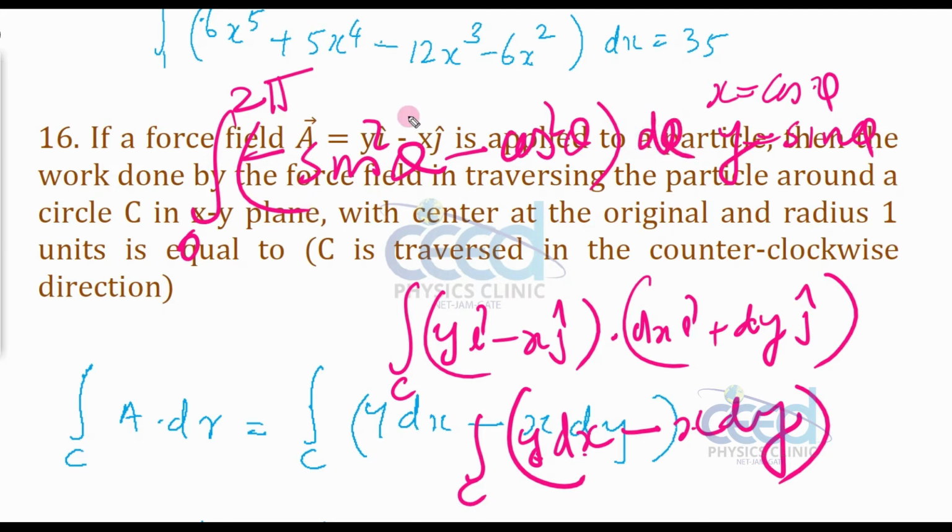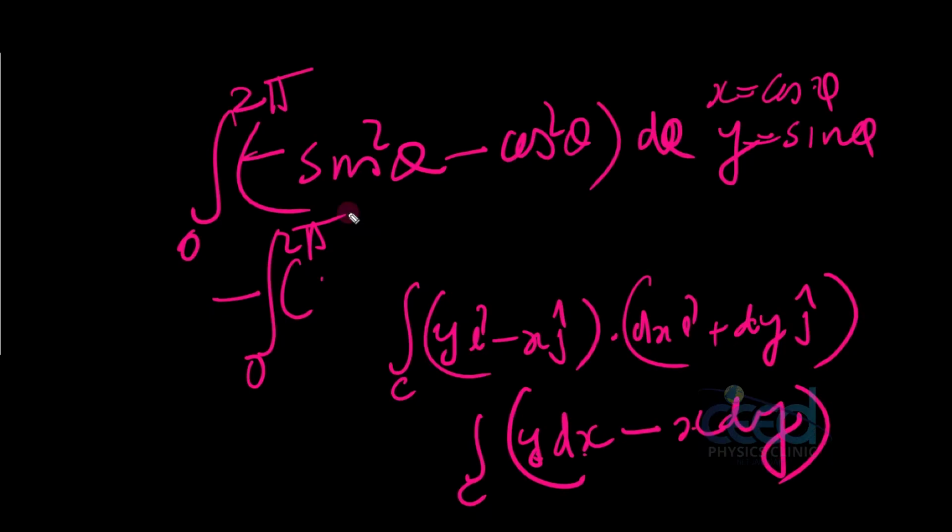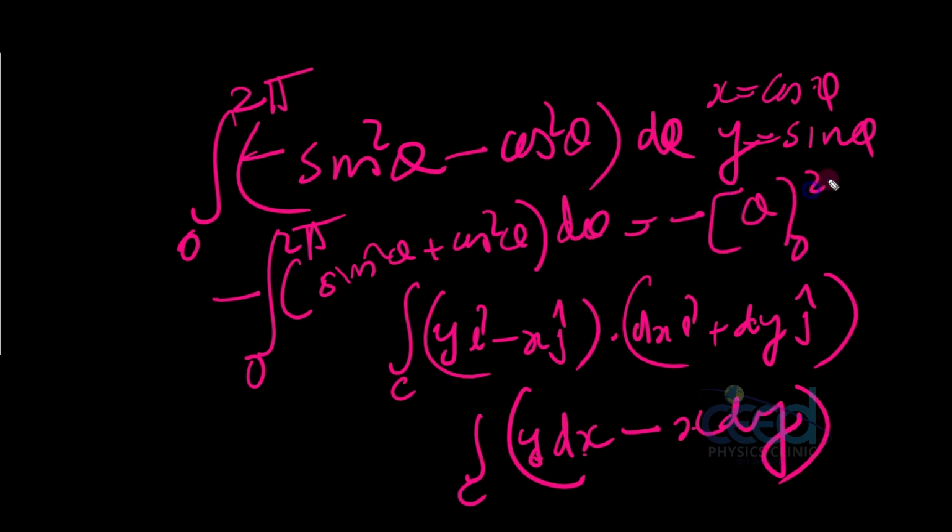Okay, so you can take minus, integral 0 to 2 pi, of sin square theta plus cos square theta d theta. That is equal to minus of this part, which is 1, d theta on integration, theta from 0 to 2 pi, that is minus 2 pi is the answer.